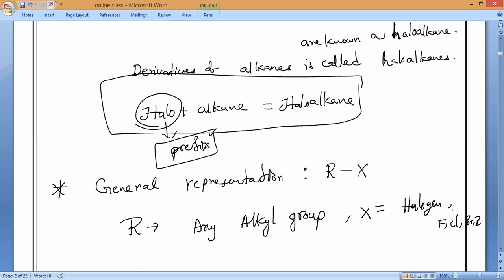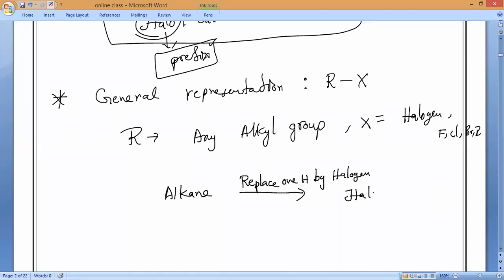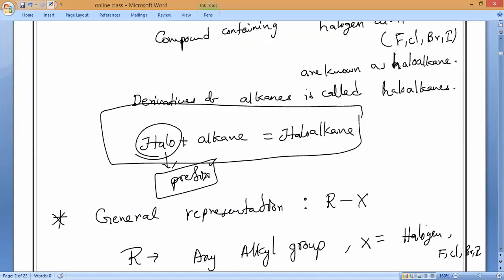So if you take any alkane and replace one hydrogen with a halogen, what will we get, guys? Haloalkanes. That is how it happens. So that is why their functional group is generally represented as R bond X.